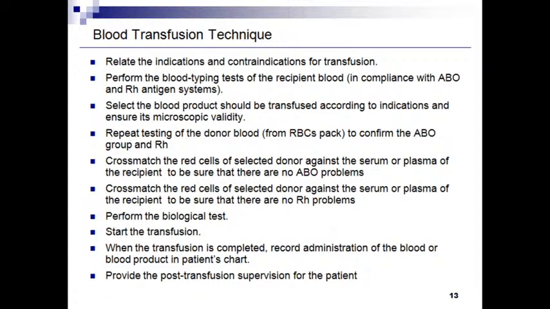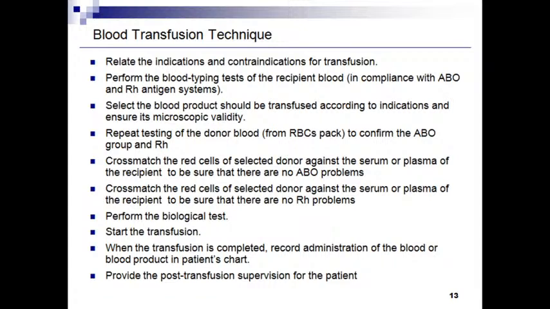After that, we should perform blood typing tests of the recipient's blood in compliance with the ABO and Rh antigen systems. We should type the patient's blood into groups according to the ABO system and the Rhesus system. After that, we should select the blood products that should be transfused according to indications and ensure their macroscopic validity.